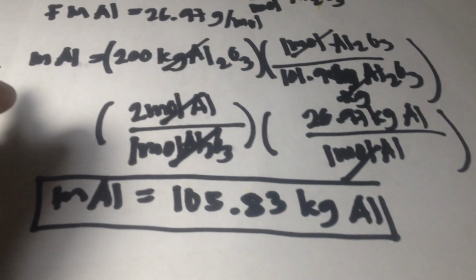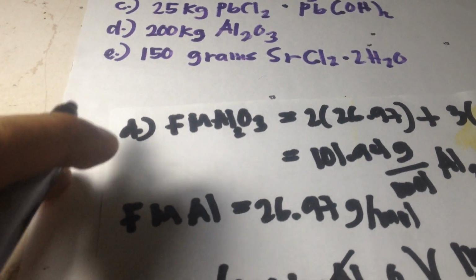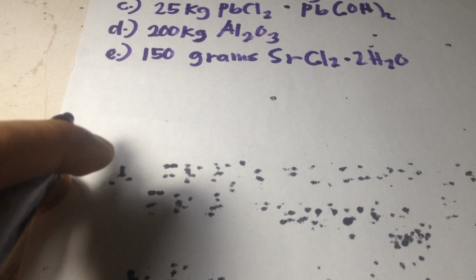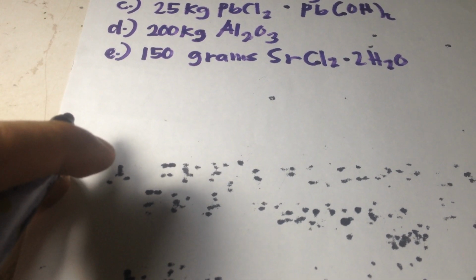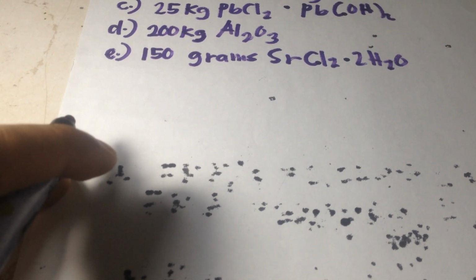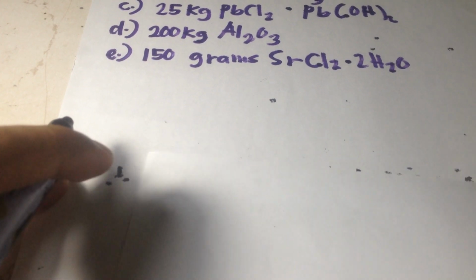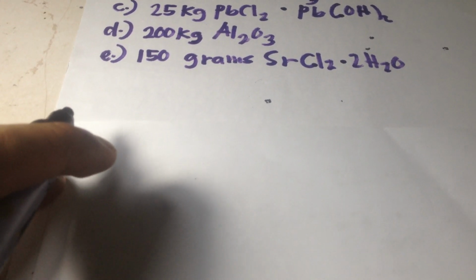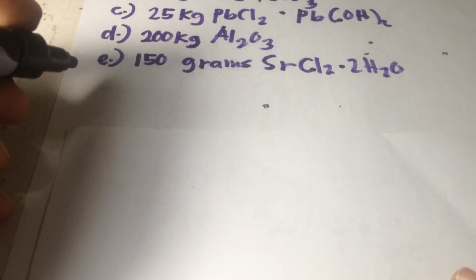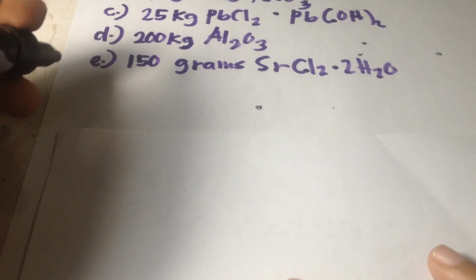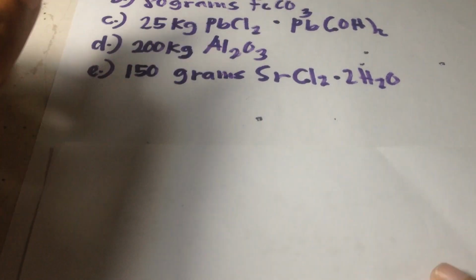Okay, and how about letter E? In letter E, we have 150 grams of strontium chloride dihydrate.